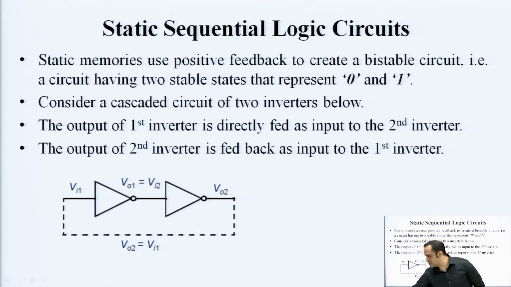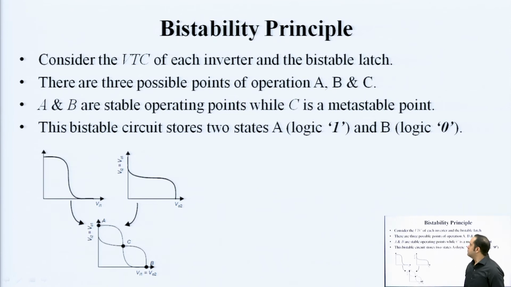Let us compare the VTC, or voltage transfer characteristic. It is nothing but a graph between the output voltage on the y axis and the input voltage on the x axis. That Vout versus Vin graph for a digital circuit is also referred to as a voltage transfer characteristic. Consider the voltage transfer characteristic of each inverter.